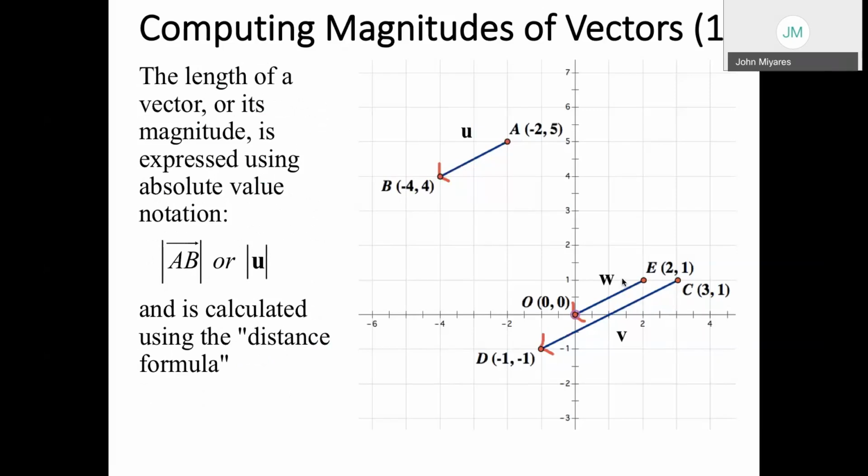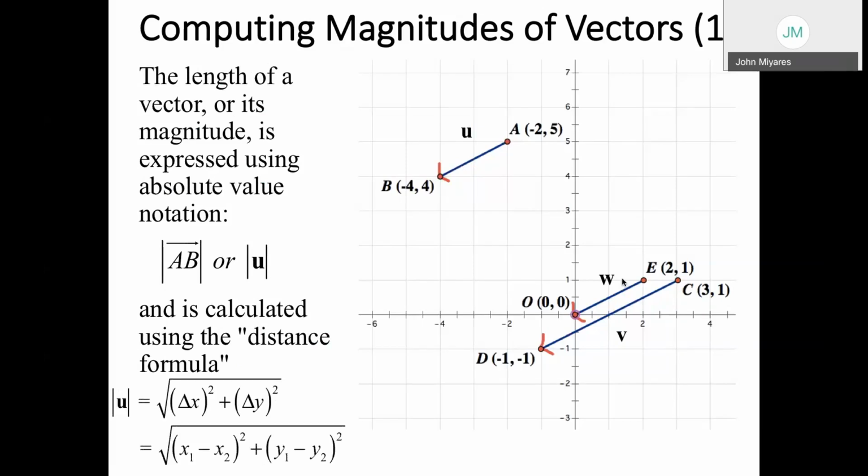And when I say the distance formula, it's essentially a variation on the Pythagorean theorem where instead of computing a squared plus b squared equals c squared, you're looking at the change in x squared plus the change in y squared will equal the length of that diagonal squared. Formula-wise, you're taking the difference in the two x values squared and the difference in the two y values squared, summing them up, and taking the square root of the result.